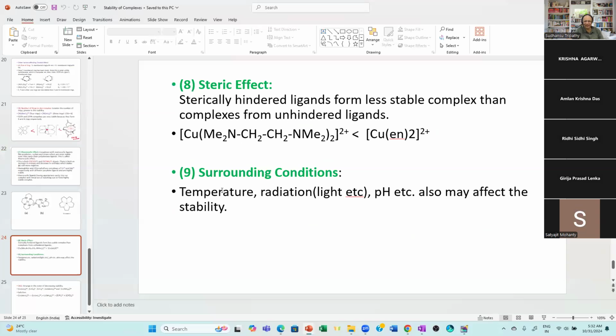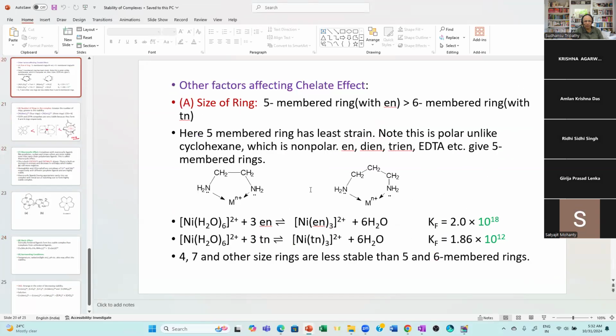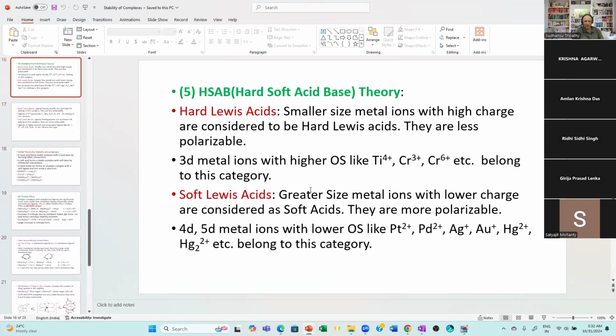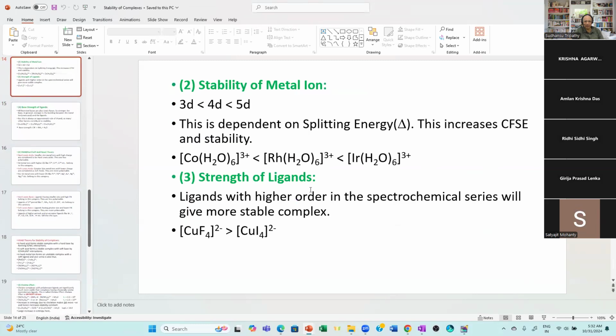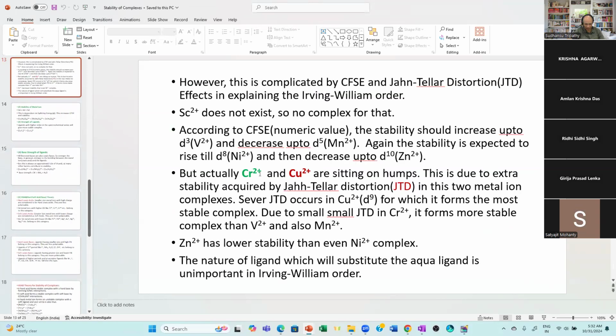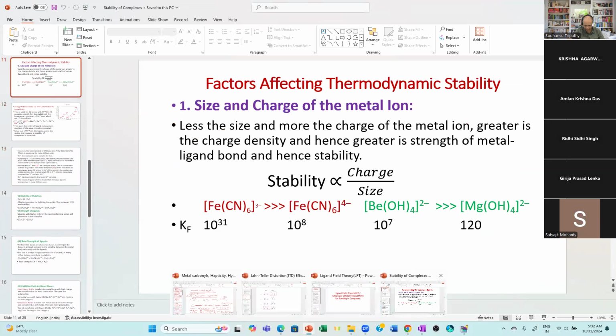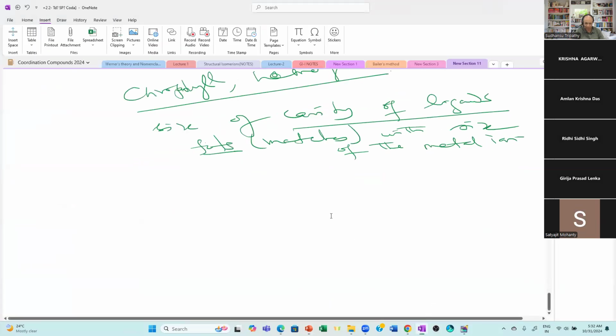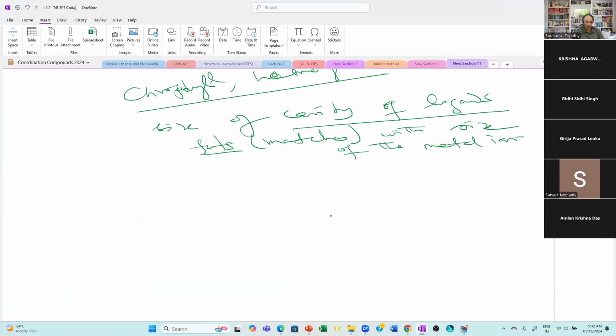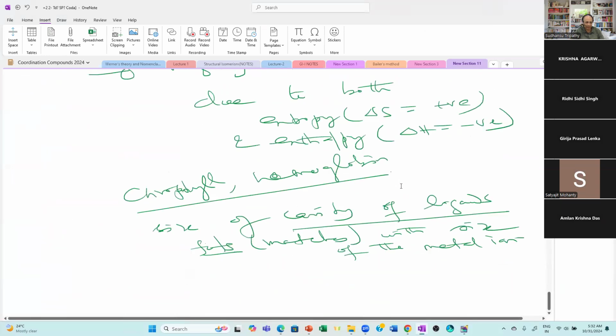The steric effect and surrounding conditions are unimportant things, and we have written base strength, strength of the ligand, the spectrochemical series of the ligands, stability of the metal ion. One point we will add.